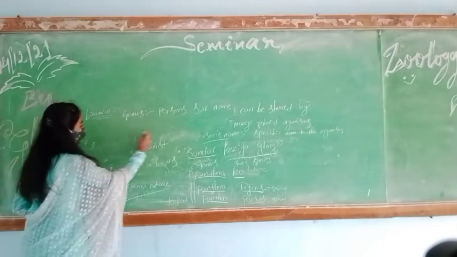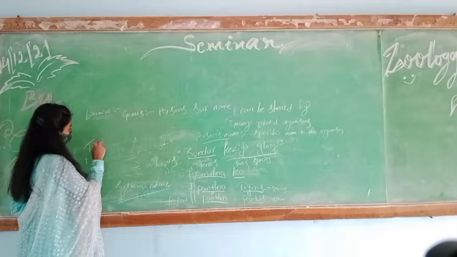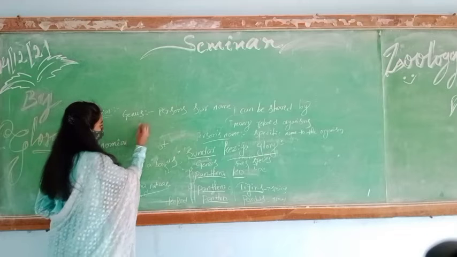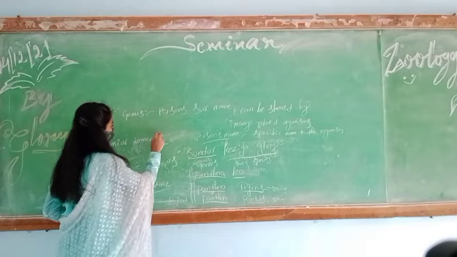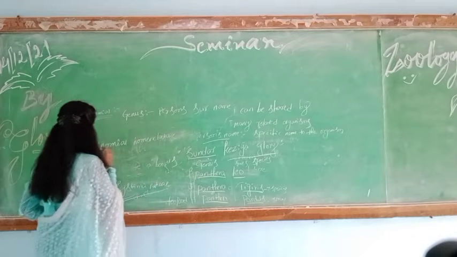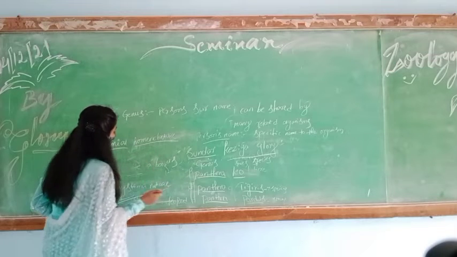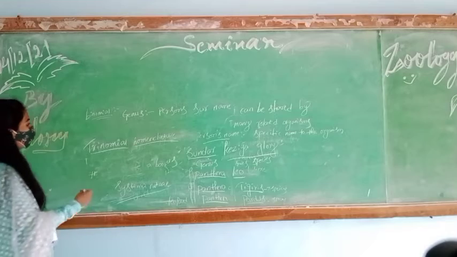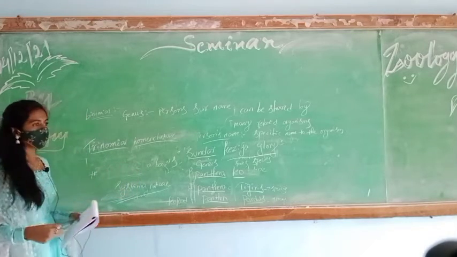Next we should see the trinomial nomenclature. This trinomial nomenclature is slightly an extension of binomial nomenclature. All rules and regulations are followed as in usual binomial nomenclature.